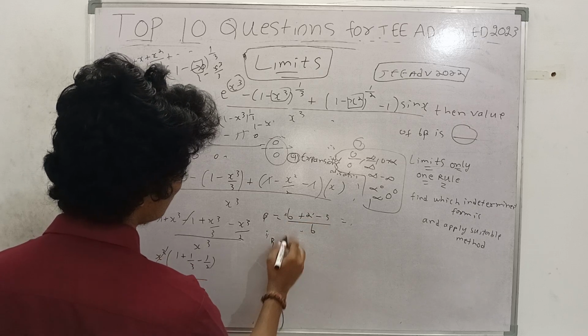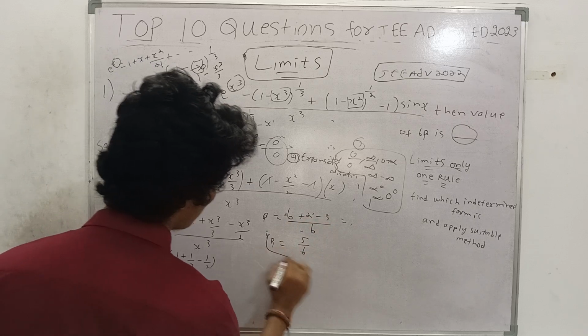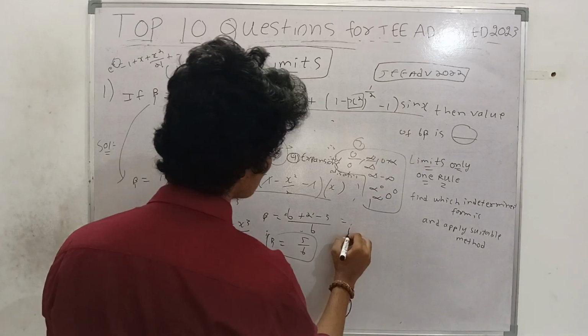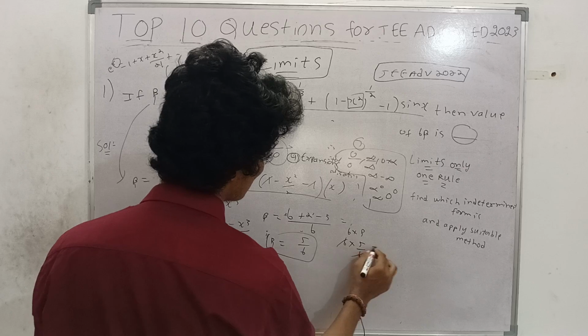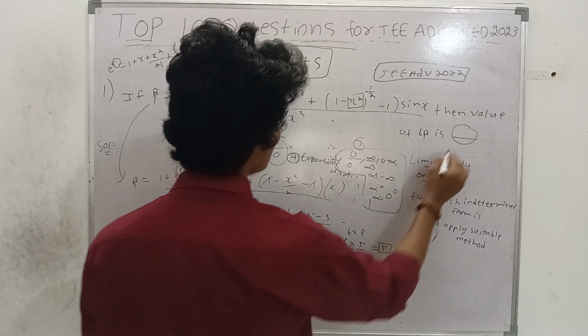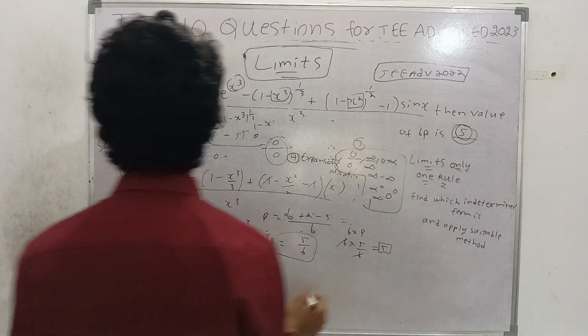So what is it? 8 minus 3 is 5 by 6. So beta equal to 5 by 6. What they ask is 6 beta. 6 into beta, so 6 into 5 by 6, the 6 cancels, it will be 5. So what is the answer? 5.